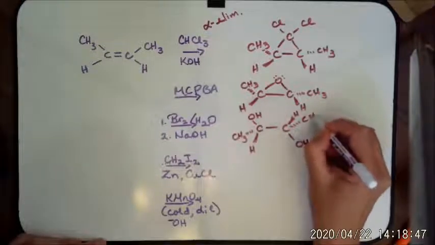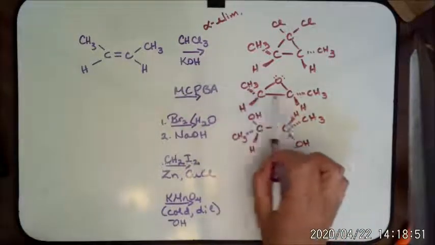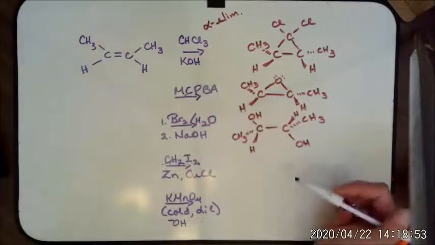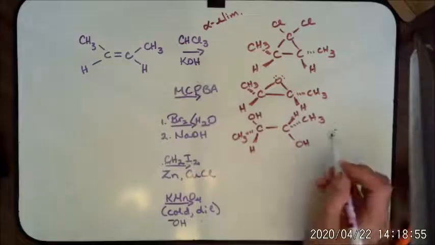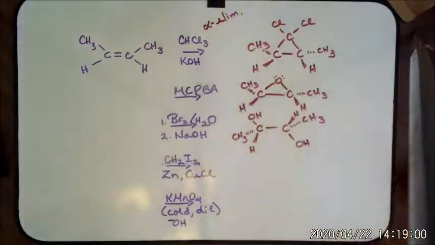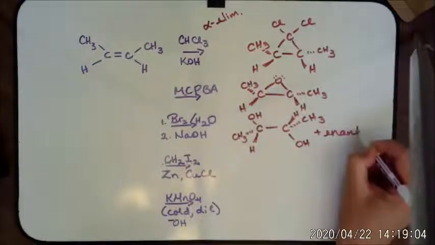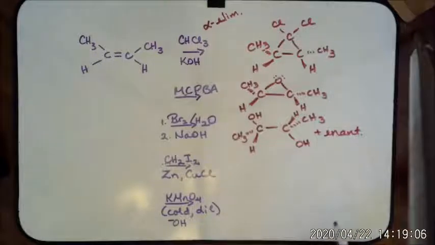Do I have to worry about the regioselectivity? Because both are going to become the same type of carbocation, it's going to occur on both sides. This is a chiral compound. So make sure you write plus enantiomer.